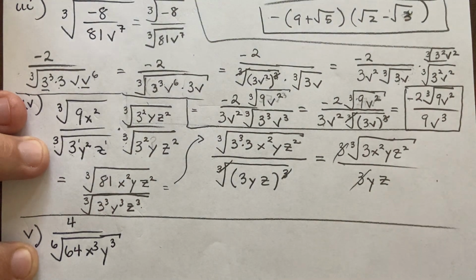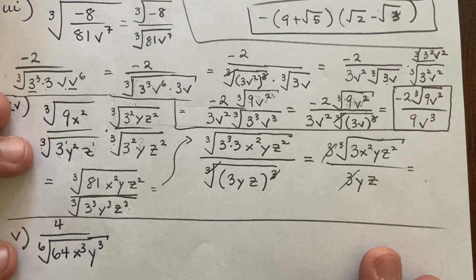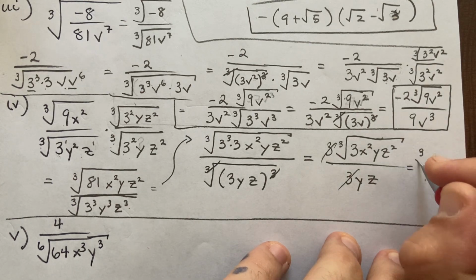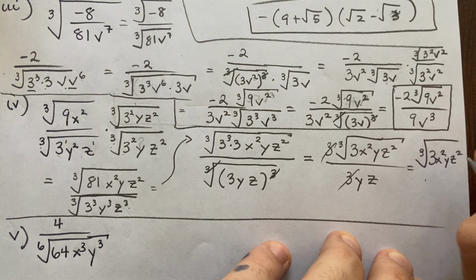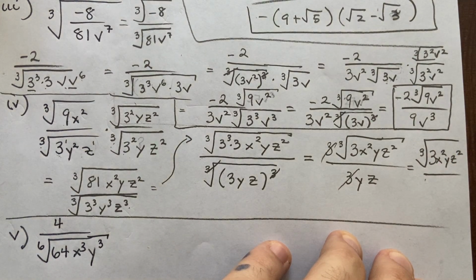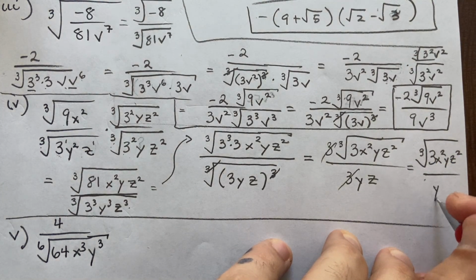So finally, we can write the cube root of 3x squared yz squared over yz.